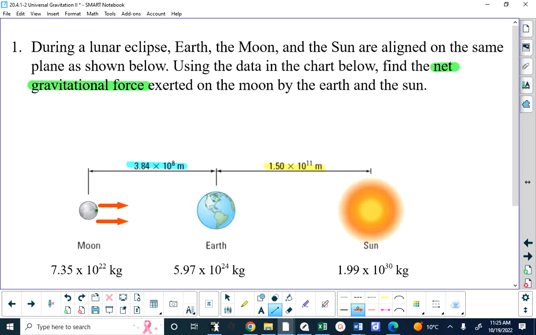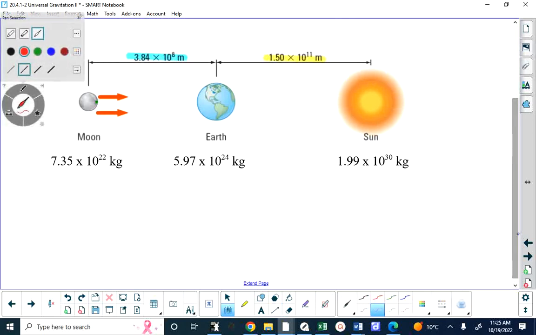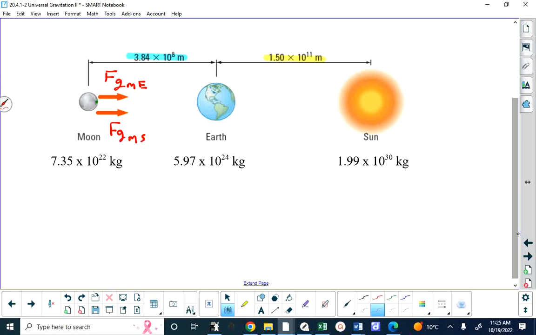I don't know which one is bigger, but this is going to be your first task. This will be the force of gravity between the moon and the Earth. This will be the force of gravity between the moon and the sun.